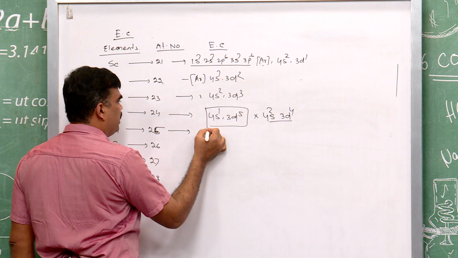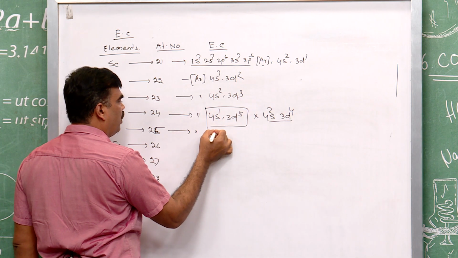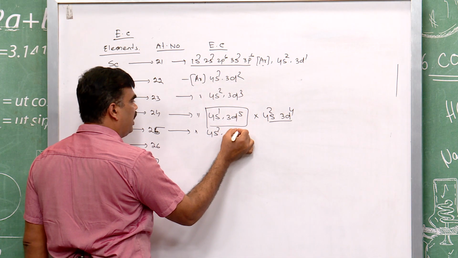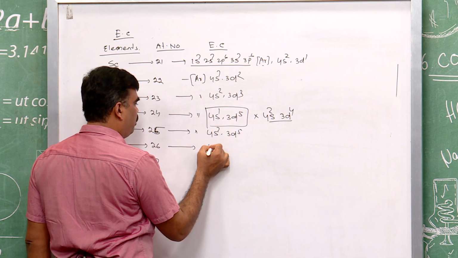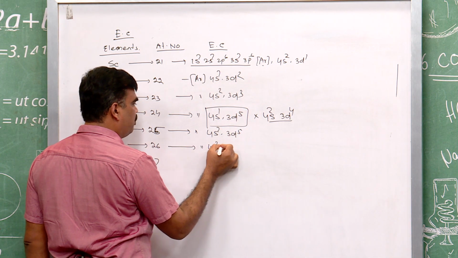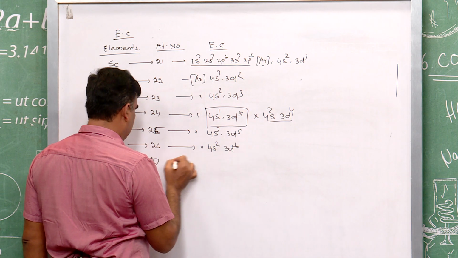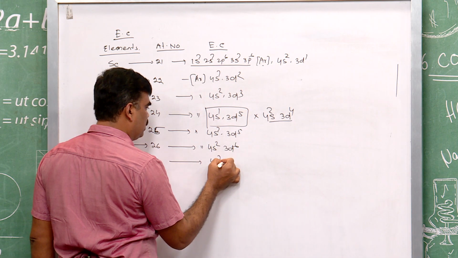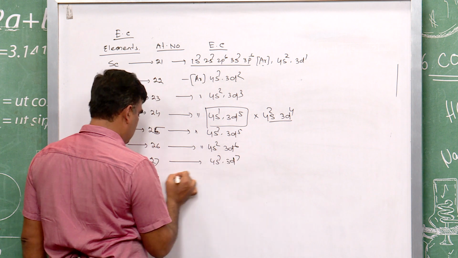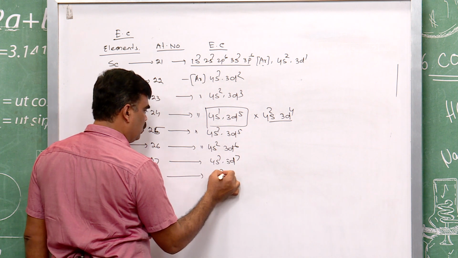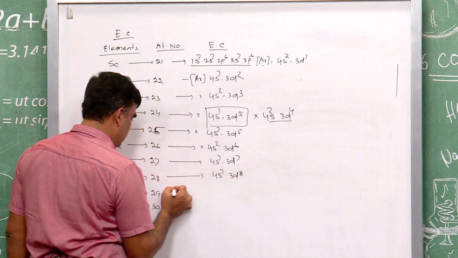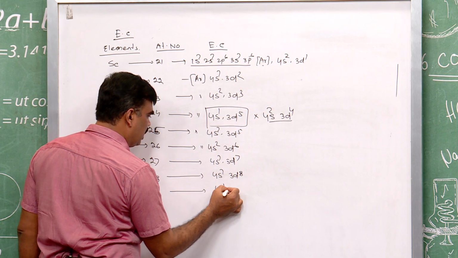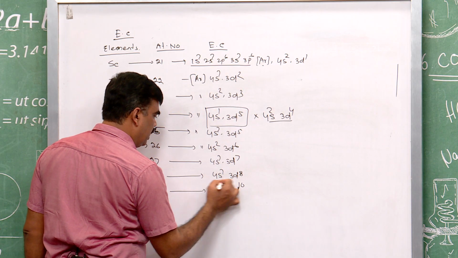In case of manganese, you have argon 4s2, 3d5. Iron: argon 4s2, 3d6. Cobalt: 4s2, 3d7. Nickel, atomic number 28: 4s2, 3d8. Copper: 4s1, 3d10.